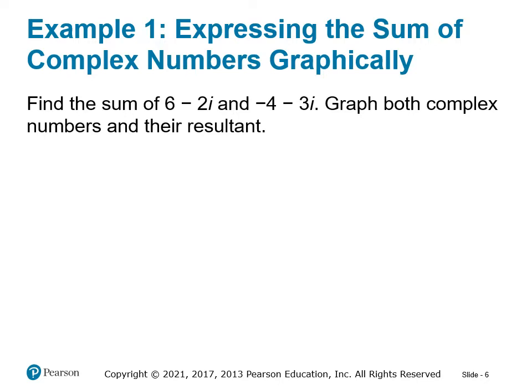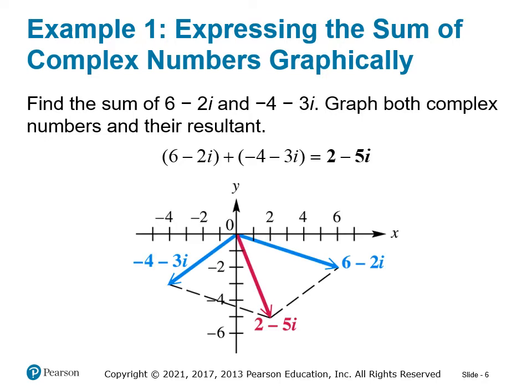Find the sum of 6 minus 2i and -4 minus 3i, and then graph both complex numbers and the resultant. Well, we saw in the last that sums are pretty easy. We add the real numbers, we add the imaginary numbers, and we get a resulting complex number. Here the x value would be 2, the y value would be -5, and here we can see all three vectors graphed on the same graph, which is what it was asking us to do.